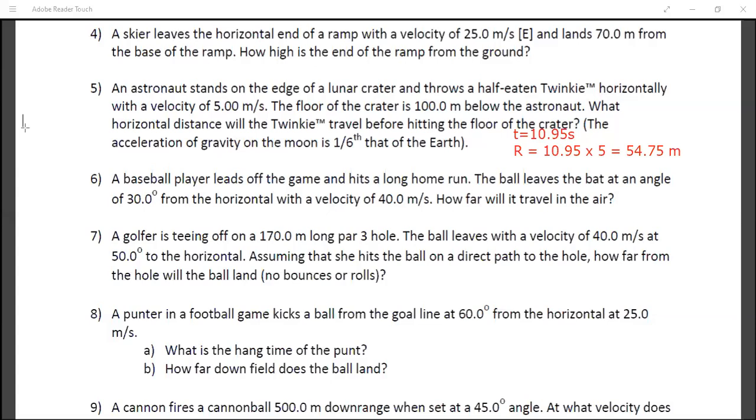It was said that the astronaut was 100 meters above the crater floor and is going to project some object horizontally. So obviously it is going to have this horizontal projection again. Horizontal is a uniform motion, and for vertical you can apply the formula h is equal to half gt square. It is again a type 2 question. The floor is 100 meters given, so from that I can get the value of time when you apply the formula h is equal to half gt square. And once you get the time, just apply the range formula, velocity into time. You'll get the value of range. Yeah, Dweet, is it clear?